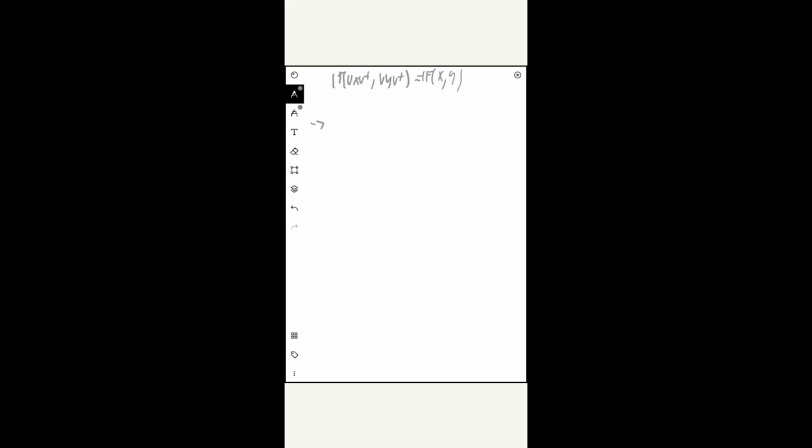First, we need to prove that f(X,Y) is inferior to f(VXV†, VYV†).